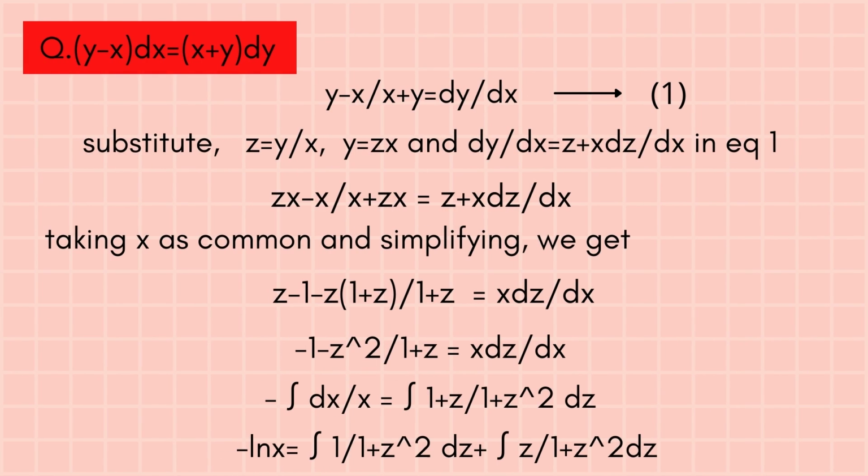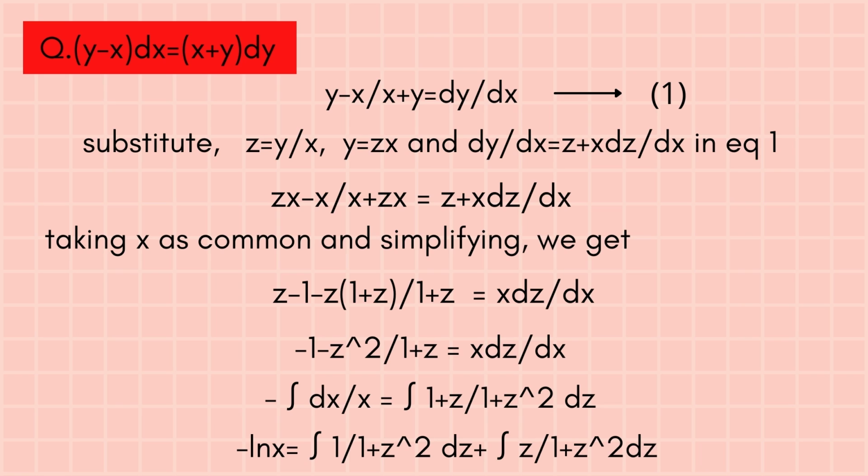To understand this better, we shall take another example. Here the equation given to us is homogeneous. We will move the terms to get it in the form of dy upon dx as shown by equation 1. We then substitute z is equal to y upon x, that is y is equal to zx, and dy upon dx is equal to z plus x dz upon dx in equation 1.